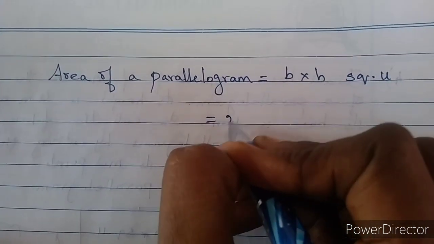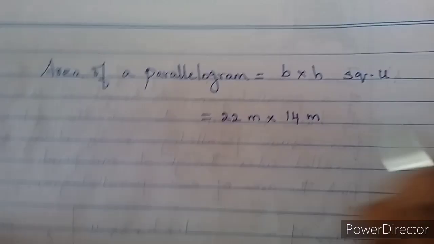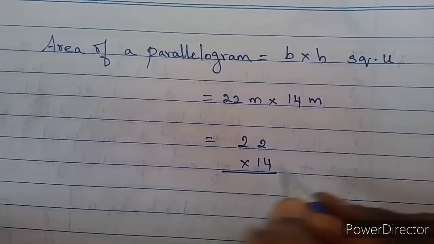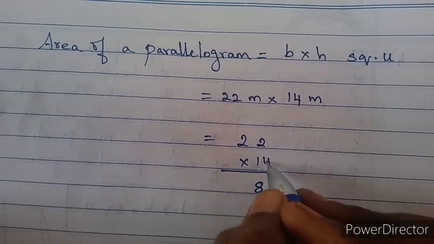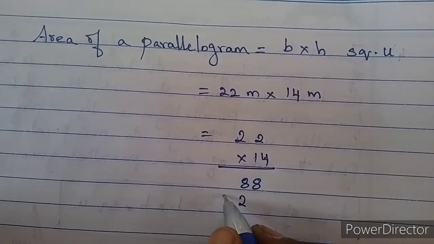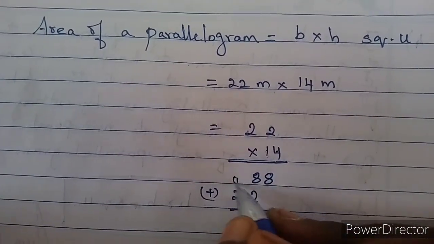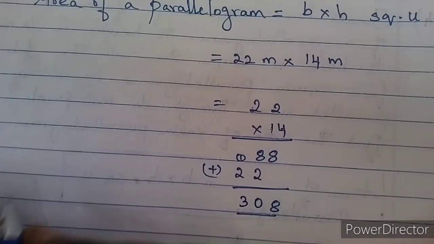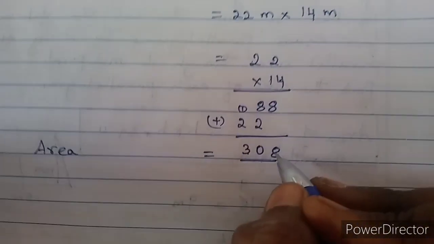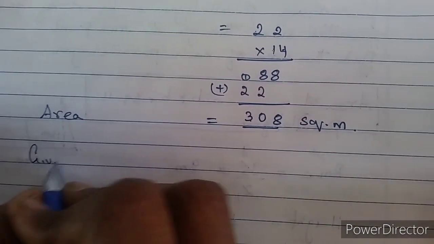Here the base is 22 meter and the height is 14 meter. So 22 into 14. 4 2s are 8. 4 2s are 8. 1 2s are 2. 1 2s are 2. So add 8, 10, 3. So total area of the ground is 308 square meter.